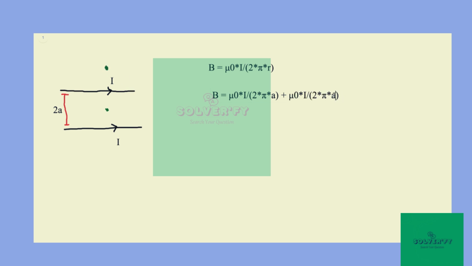So if we plug that in, this is going to be the bottom wire. This is 3A, so I'm just going to combine this factor of 2 and the factor of 3. That's going to be 6 down here. So this is going to be the total magnitude of the magnetic field at this point.